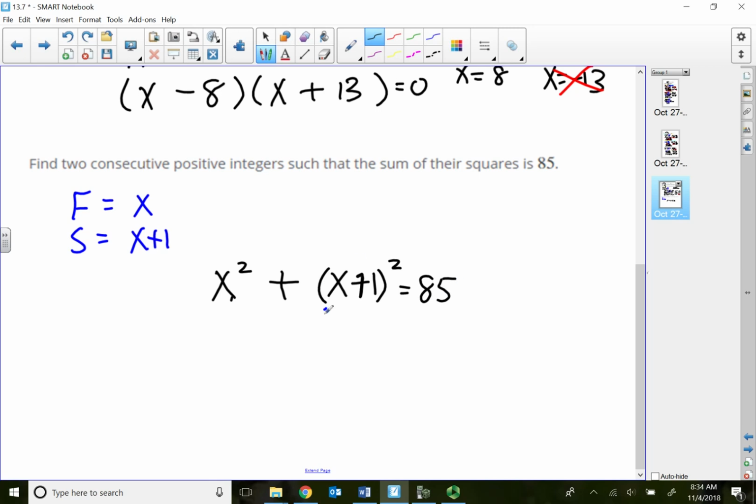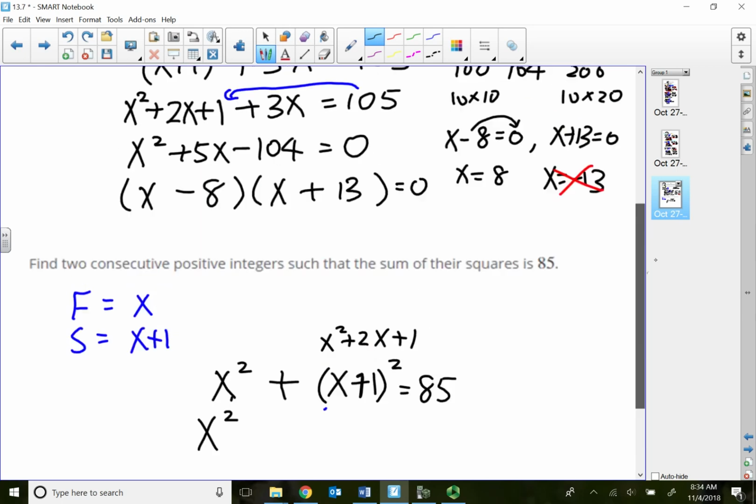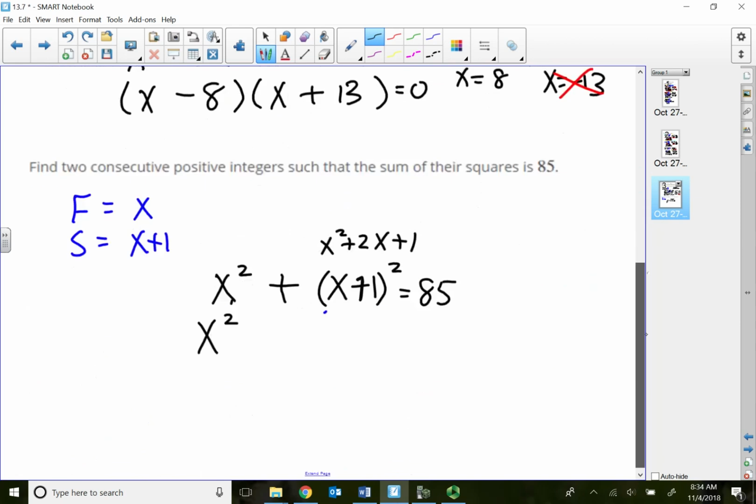Now my second term is x plus 1 whole thing squared. This x squared is still x squared. This is a positive sign. Let me write it above here for a minute. I know x plus 1 whole thing squared is x squared plus 2x plus 1, using the perfect square binomial formula that I showed you earlier.